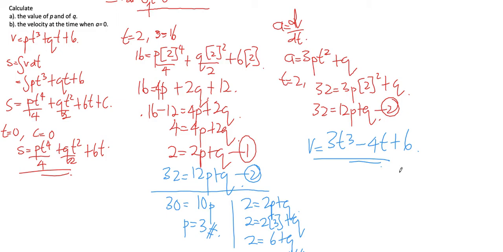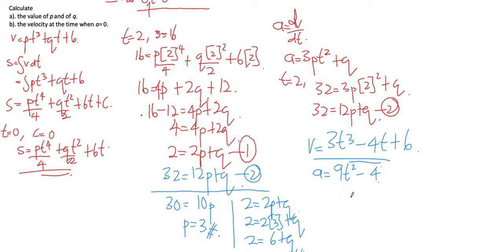Now the next question, the velocity at the time when a equals 0. To find a, we have to differentiate, but this time since we already have found p and q, it'll be much easier. So a equals 9t squared minus 4.